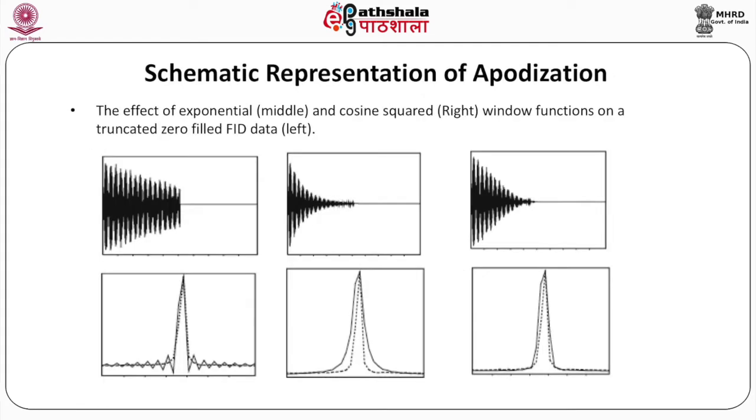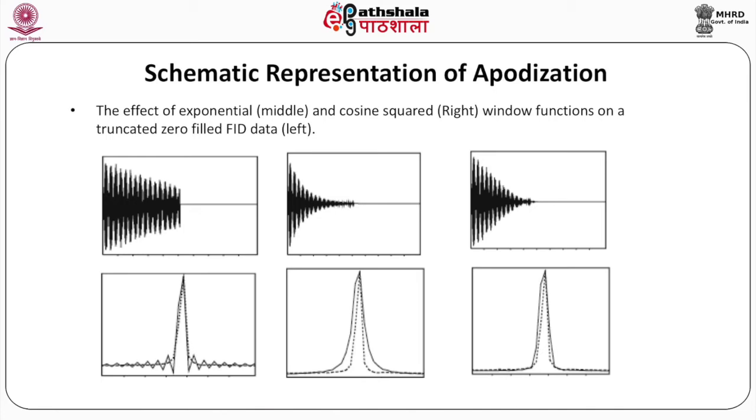There is a schematic representation to demonstrate apodization. On the left, you see a signal which has been truncated and then zero padded. When you Fourier transform such a signal, then the spectrum is shown below. The peak has wiggles which are called the sinc function artifacts.